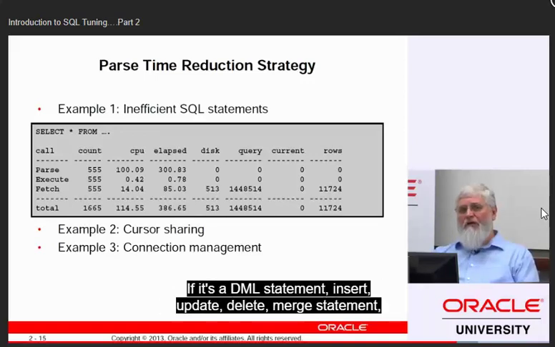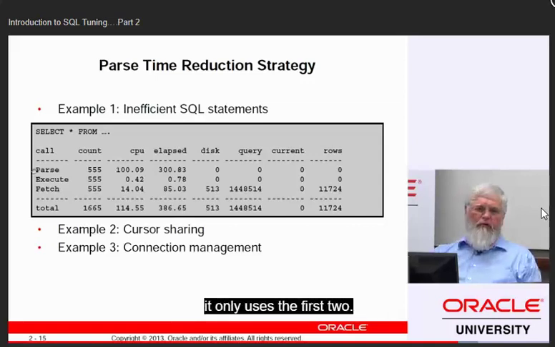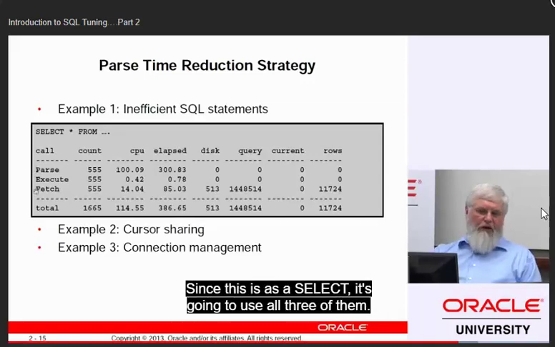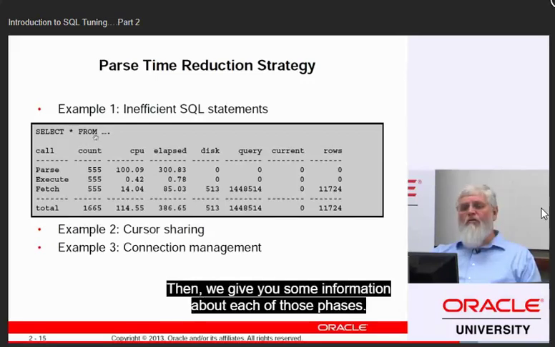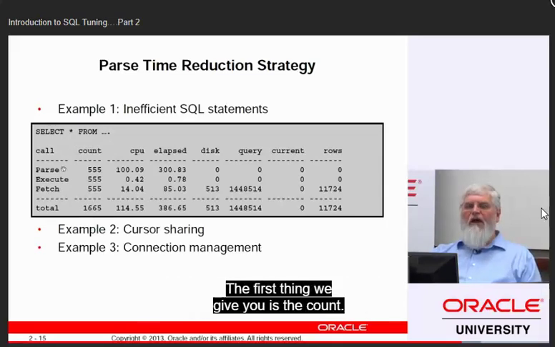Okay, then we give you some information about each of those phases. The first thing we give you is a count. We parse the statement. In this case, we parsed it 5,500 times for 5,500 executions.